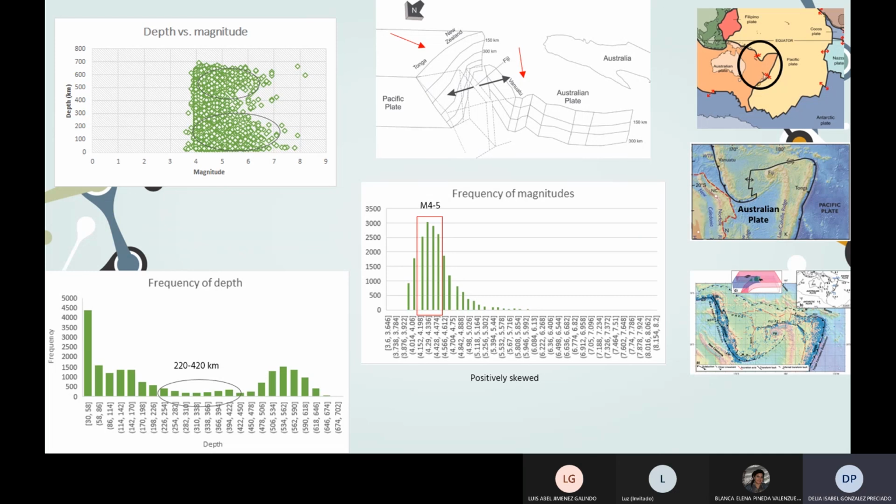We can also see in the frequency of depth graph that there is a gap between 220 kilometers and 420 kilometers, where we don't have as many earthquakes as at other depths. This could be explained by the gap between the lower and upper mantle, but this is just a supposition.